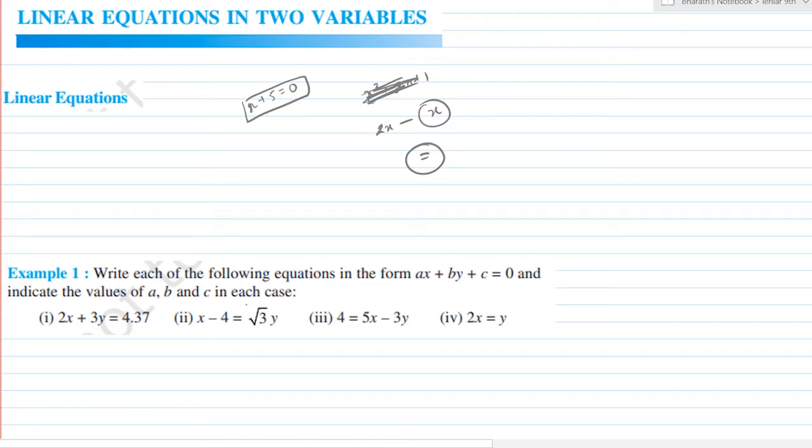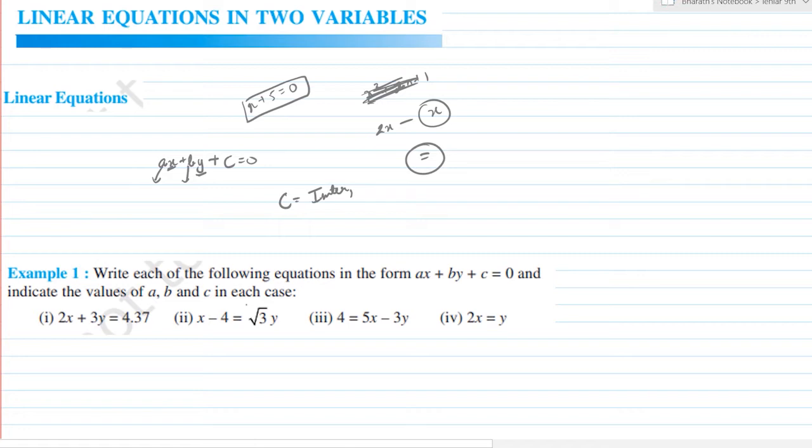So the basic general form of writing a linear equation in two variables is ax plus by plus c is equal to 0, where a is the coefficient of variable x, b is the coefficient of variable y, and c is some constant, like any number or any value. It does not have any variable or any functions like cos, sine, nothing. c is nothing but a number, which includes rational numbers, everything.